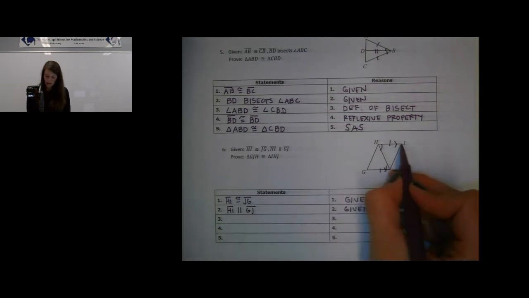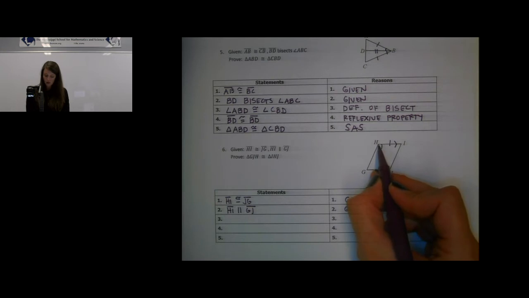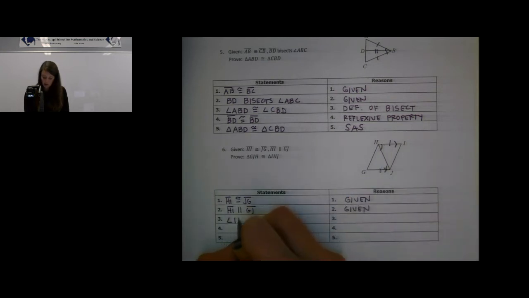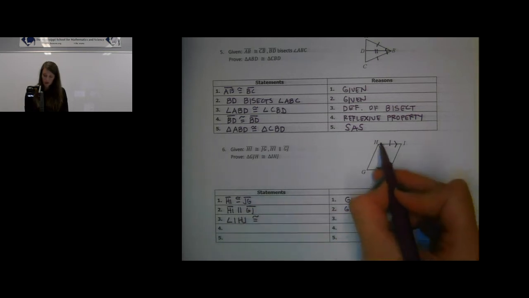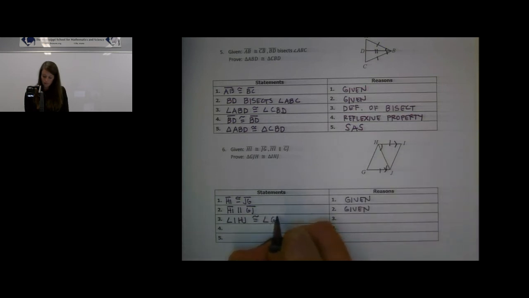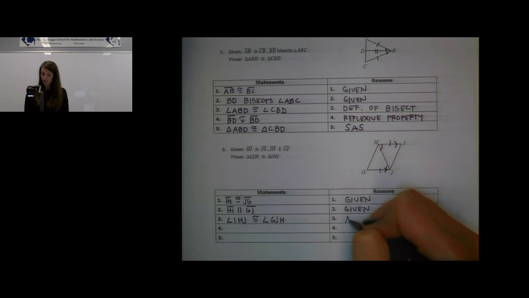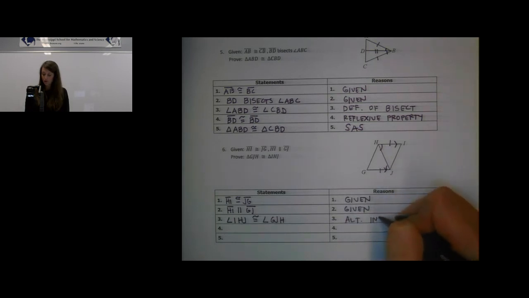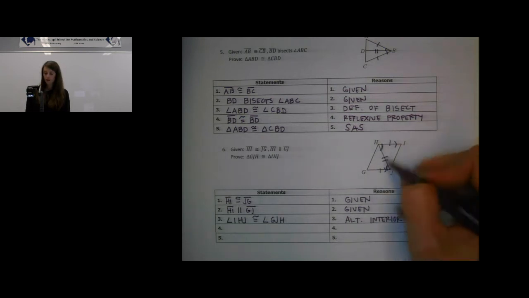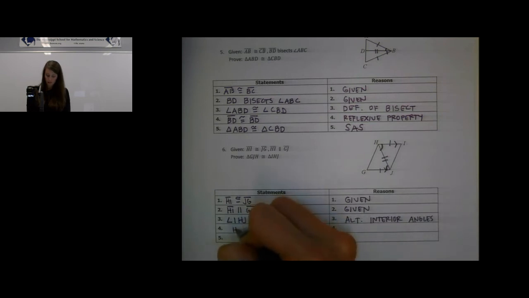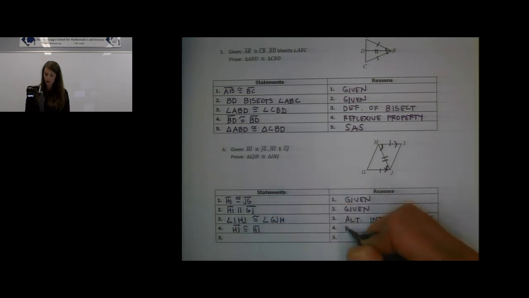So that means that angle IHJ is going to be congruent to GJH, and those are alternate interior angles. Okay, so we got some angles now. Now, do they share a common side? They share that HJ there. So HJ is going to be congruent to HJ by the reflexive property.